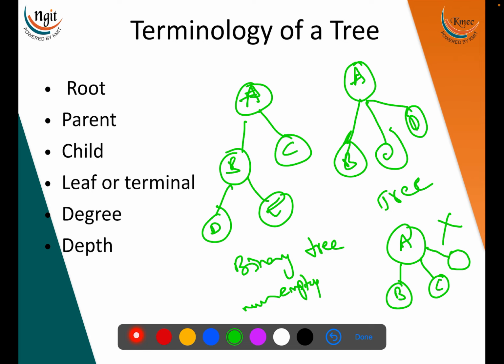As far as the binary tree definition is concerned, a binary tree can exist with 0, 1, or 2 children. That is, at most 2 children are possible in a binary tree. So you cannot place children nodes beyond these 2. When you go for a third node, it goes beyond 2, so it cannot be called a binary tree. So 0, 1, 2 are at most.